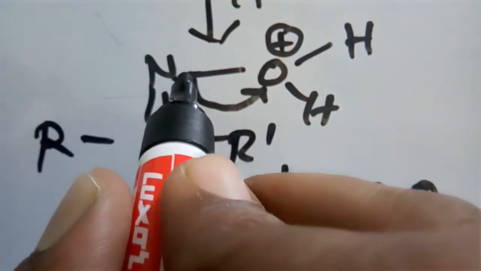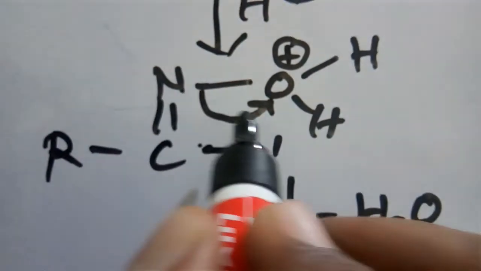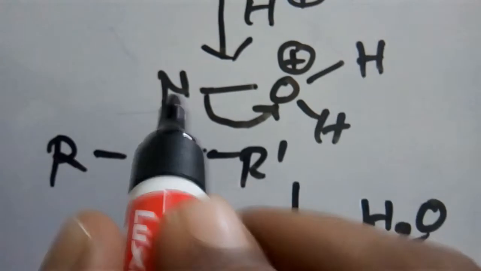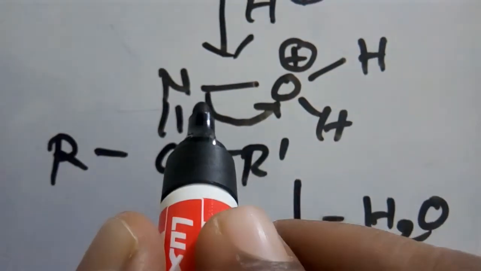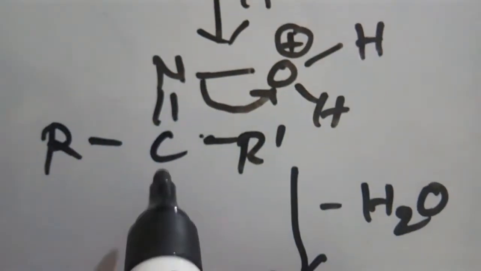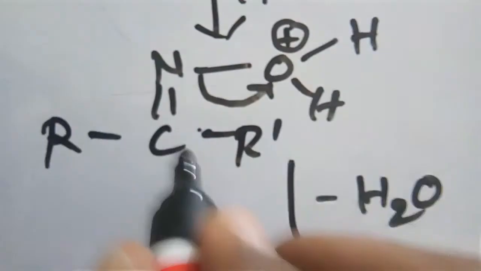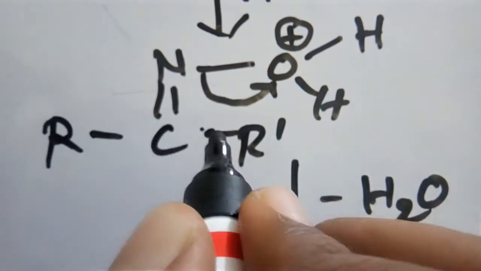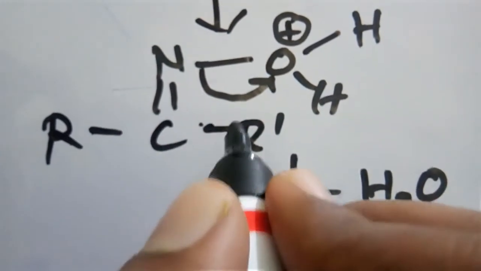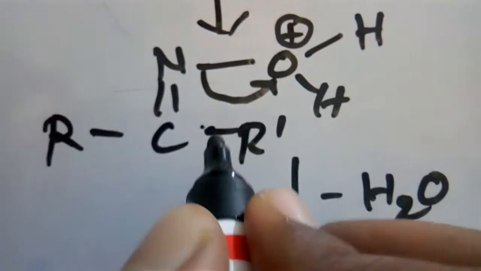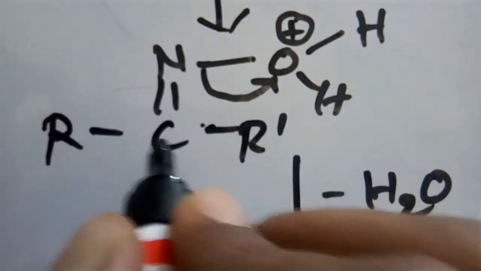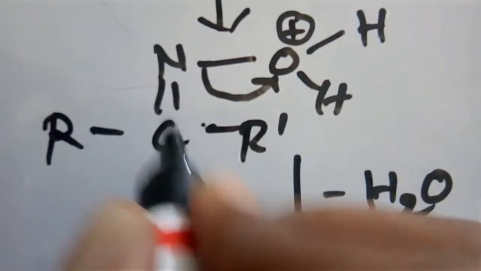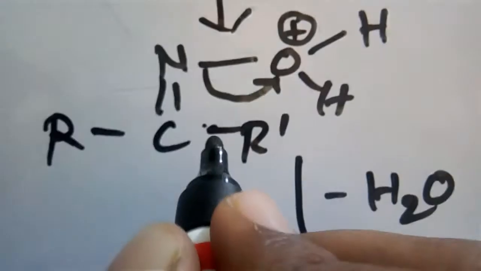Nitrogen is giving electrons to this oxygen, so nitrogen will have a plus charge. Now this is stabilized by breaking one of these groups and attaching to this nitrogen. This group will be broken with its electrons and will attach to the nitrogen.